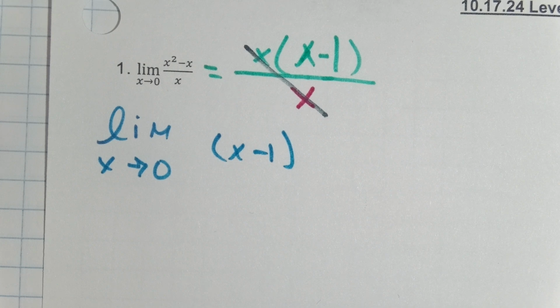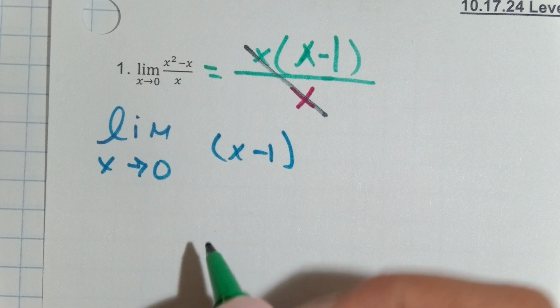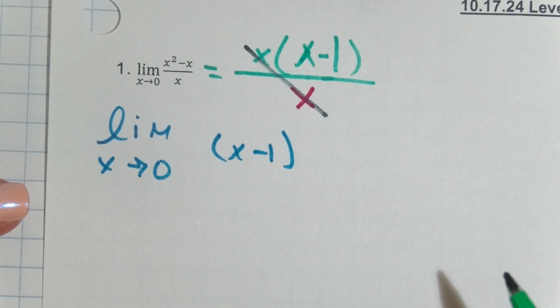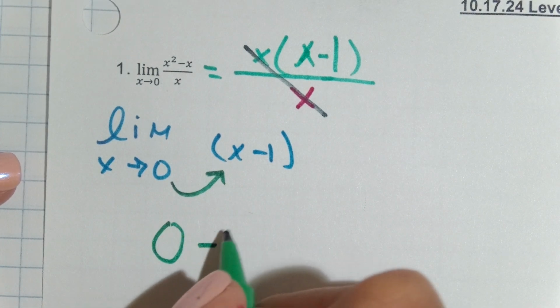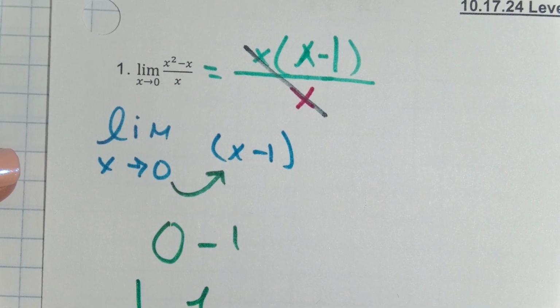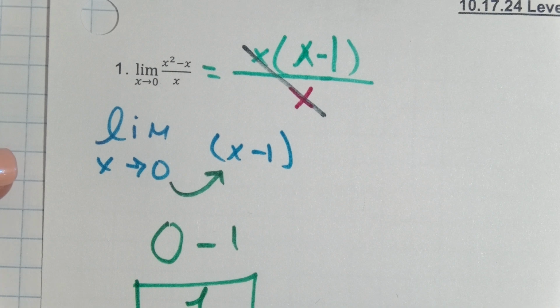What is step 5? Evaluate the limit. How do I evaluate? Substitute what? The x. So what's my x in this case? 0. So I'm going to substitute in 0. I get 0 minus 1, which is negative 1. That is my limit.